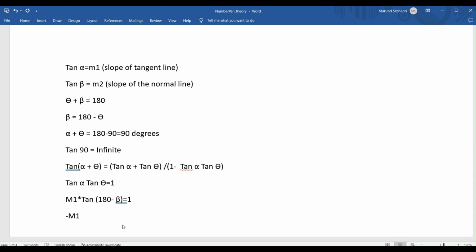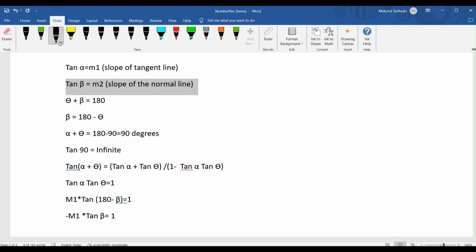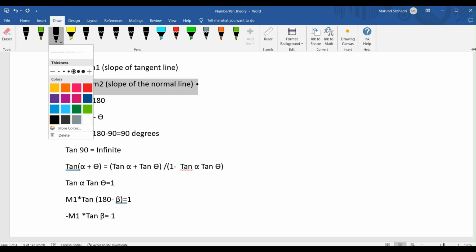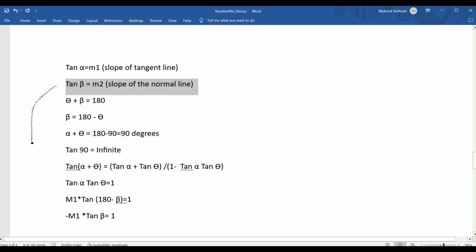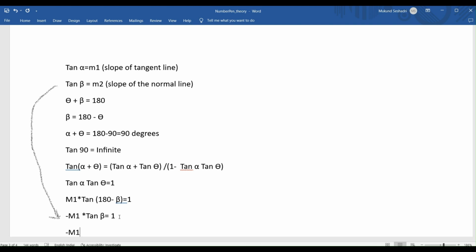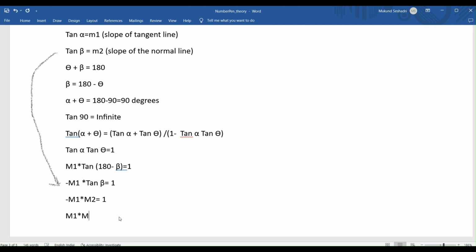So I move the minus out: minus tan beta equals 1, and tan beta is m2. So minus m1 into m2 equals 1, which means m1 into m2 equals minus 1.